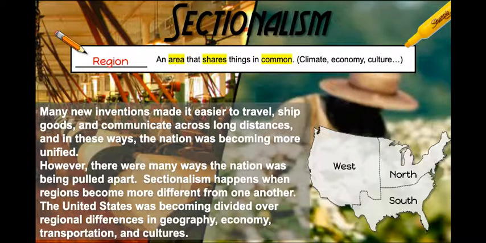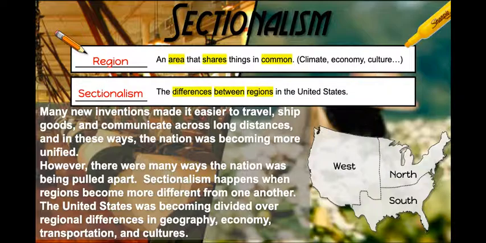So, the first vocab word that's important to know is region. A region is an area that shares things in common. And the second vocab word that we really need to know in this section is sectionalism.